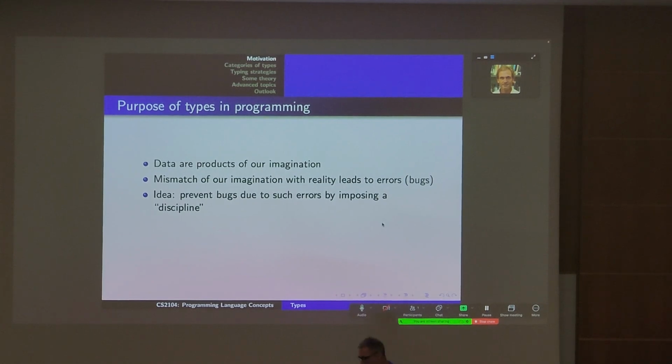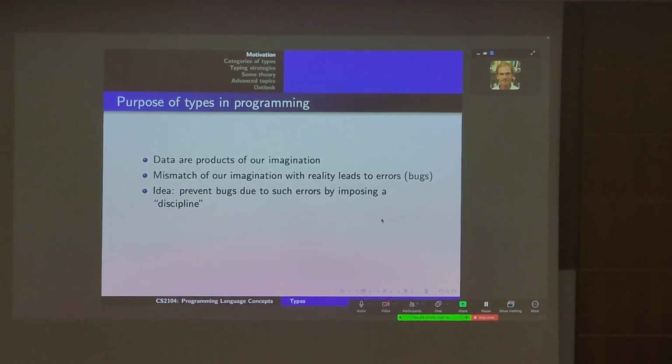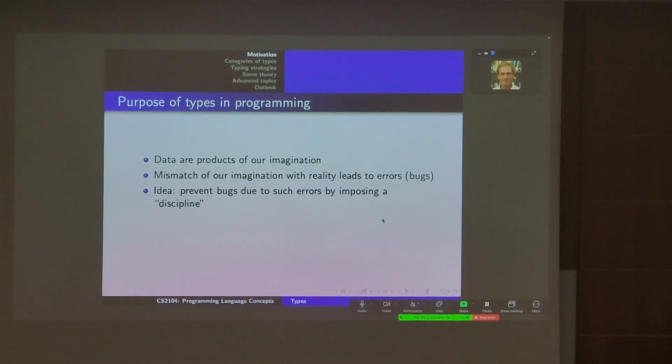But it's always done by imposing a discipline. We are restricting what we can do when we are dealing with types. We're restricting what a particular runtime system is allowed to do, or we're restricting the way programmers can write their programs. And that's a common theme in computing.